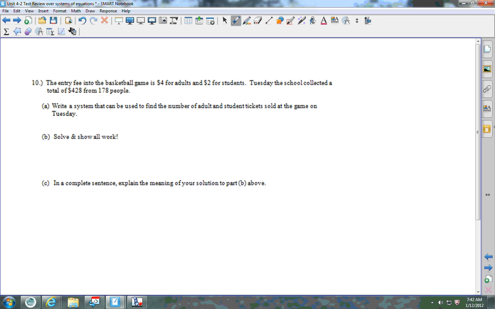Okay, to write your system, first we need to define our variables. We're going to have A equal the adult tickets, and S equal the student tickets. Now, I like to put the dollar amounts with it. The adult tickets are $4. The student tickets are $2.